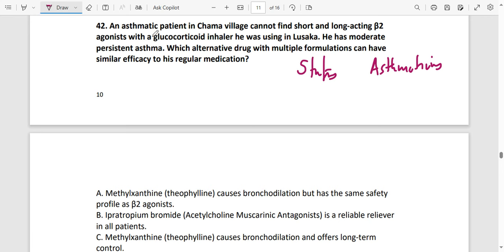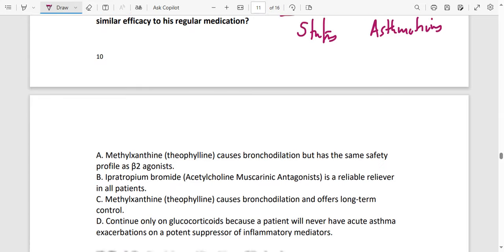Someone can't breathe. An asthmatic patient in Chama village cannot find short and long acting beta-2 agonists with a glucocorticoid inhaler he was using in Lusaka. He has moderate persistent asthma. Which alternative drug with multiple formulations, please take note of multiple formulations, can give similar efficacy to his regular medication? He can't take the short and long acting beta-2 agonists because he doesn't have his inhaler with a glucocorticoid. So we want something that has got multiple formulations.